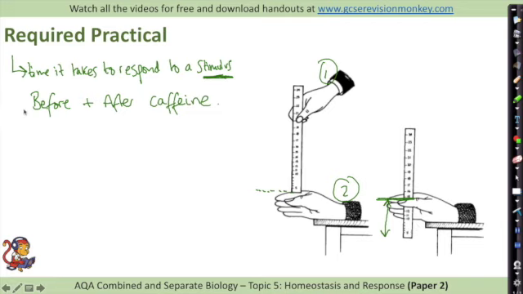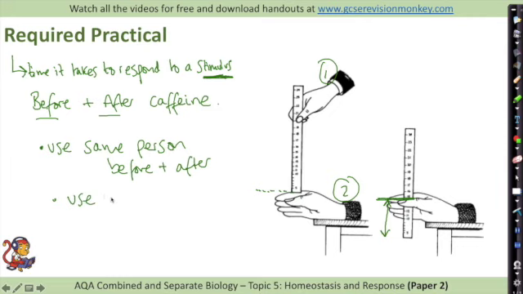So important things then, if we're looking at the effect of caffeine, we need to make sure that we use the same person before and after, that person uses the same hand, because there might be differences in reaction time if you're left-handed or right-handed, and also that the ruler is dropped from the same height.